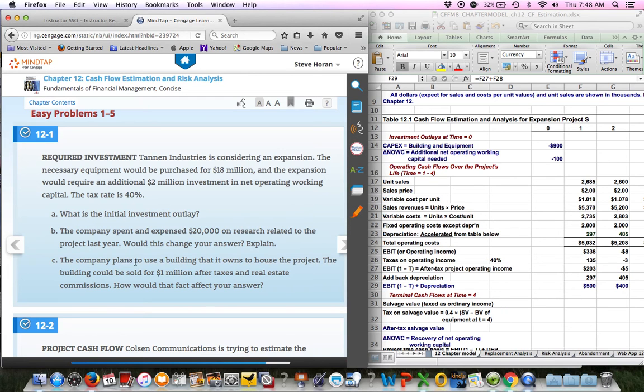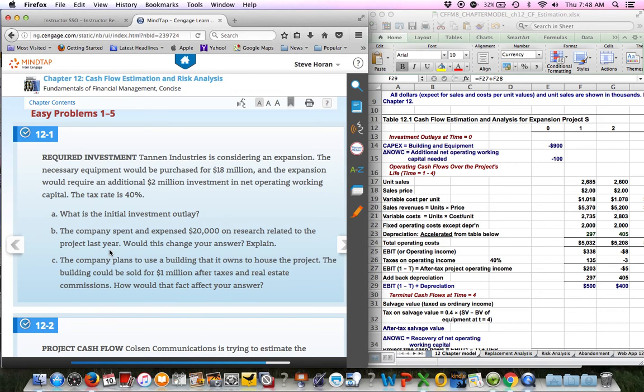Letter C, the company plans to use the building that it owns to house the project. The building could be sold for $1 million after tax and real estate commissions. How would that affect your answer? Essentially, they're facing a choice. We can either spend $20 million to buy equipment and the working capital needed to start the equipment and make something and put it into an empty building, or we could simply sell the empty building and make $1 million.